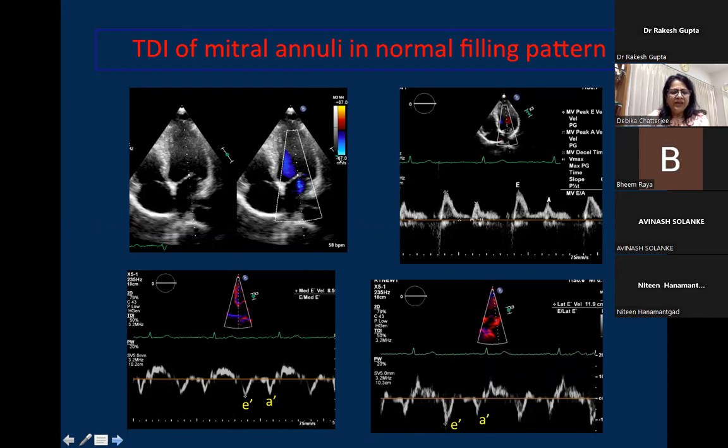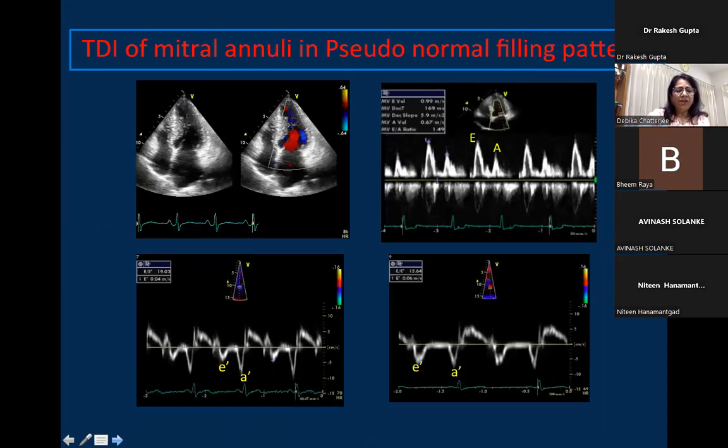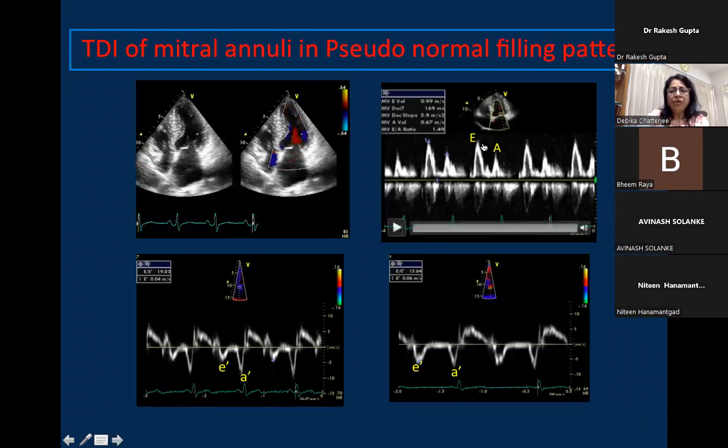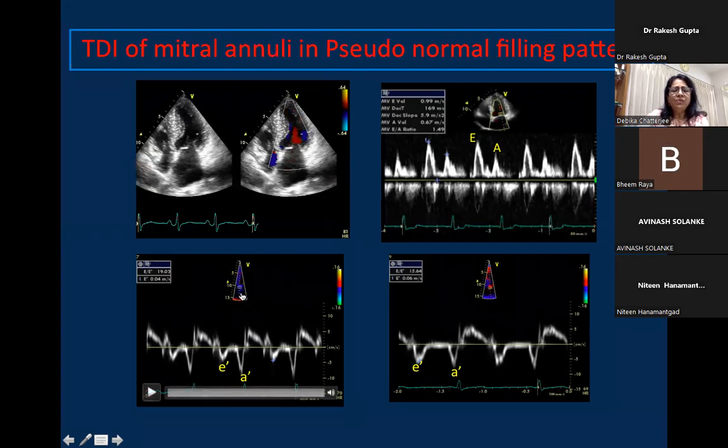On the other hand, let us see the pseudonormal pattern, in that patient of hypertrophic cardiomyopathy, where we got E wave more than A wave. And we do the tissue Doppler in the septal annulus. Look, E prime is less than A prime. So the annular velocity will never let you down. It will give you the exact picture.